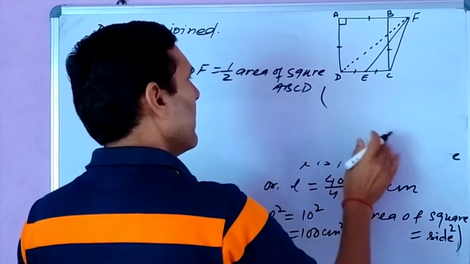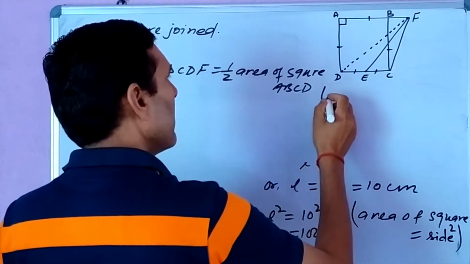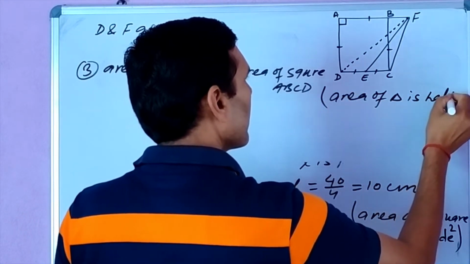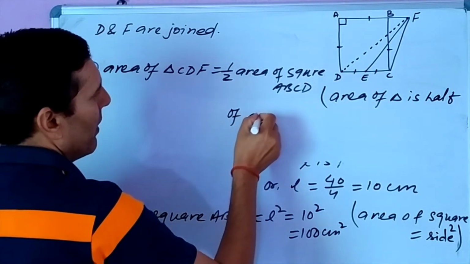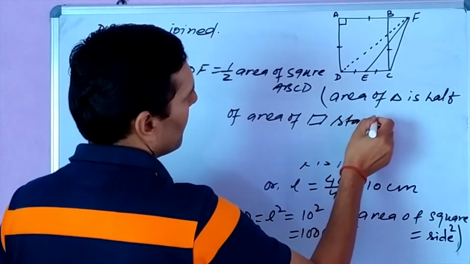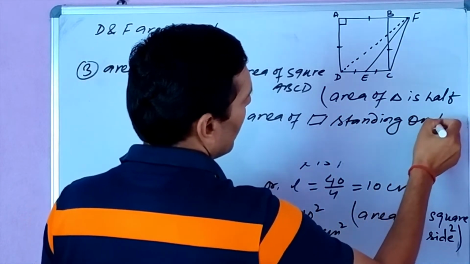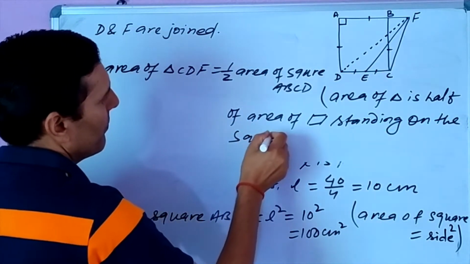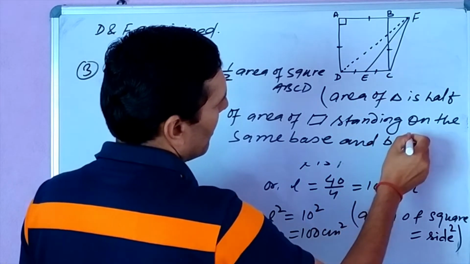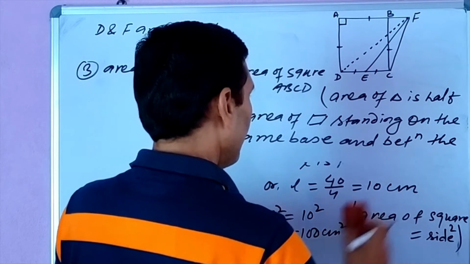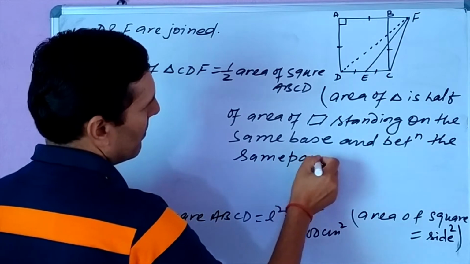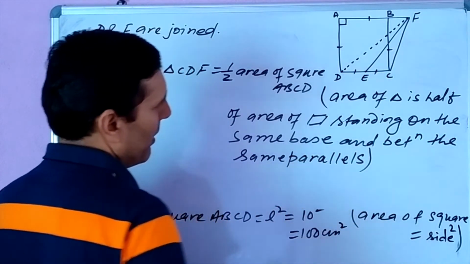You can write the reason, the statement of the theorem. Area of triangle is half of area of parallelogram standing on the same base and between the same parallels.